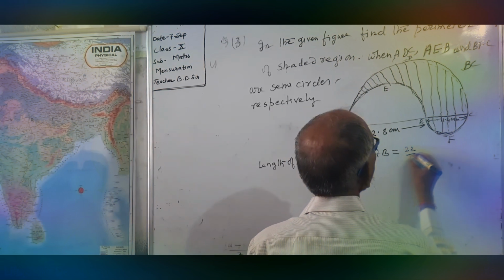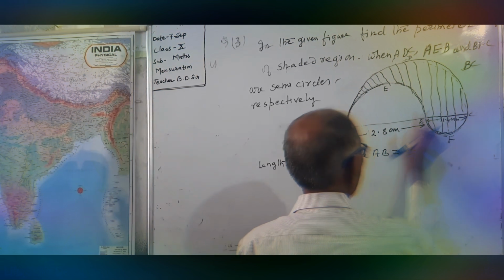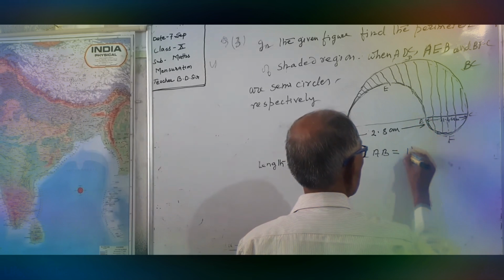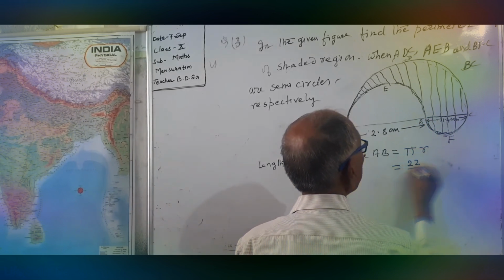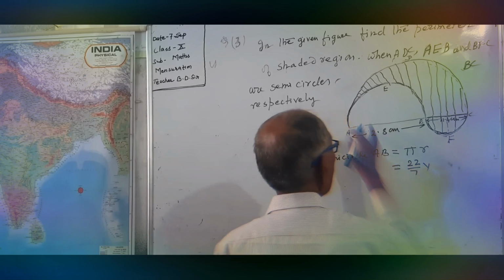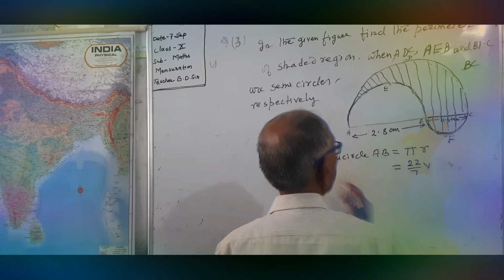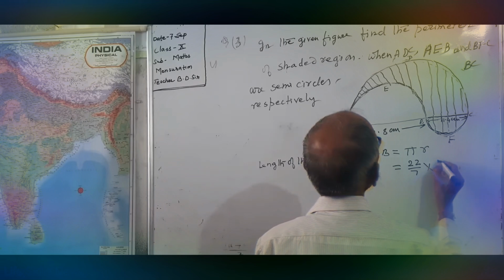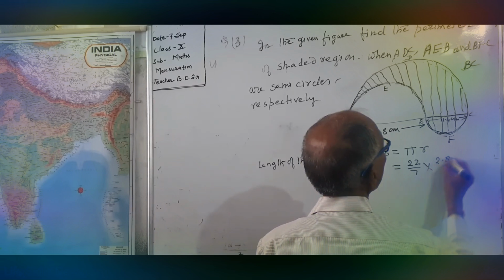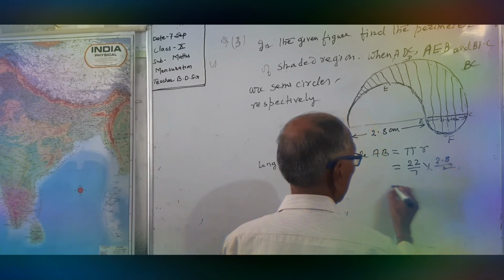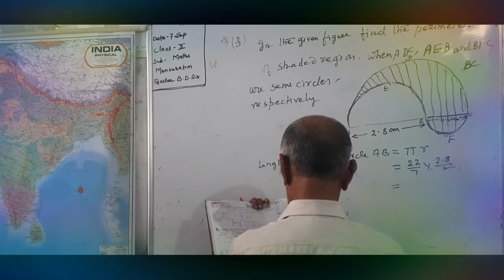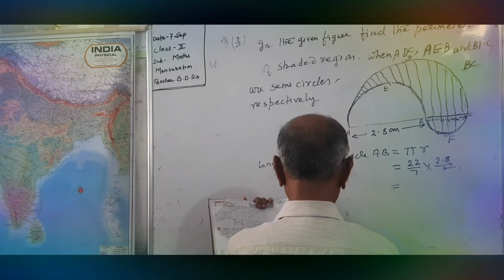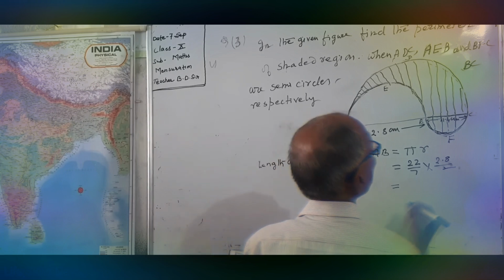First of all, writing pi r, r is half the diameter, 2.8 by 2, which is equal to 1.4.